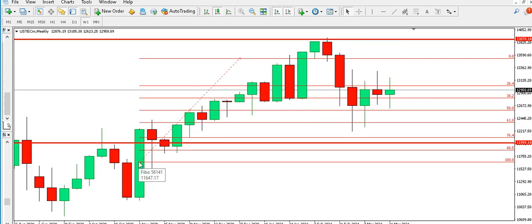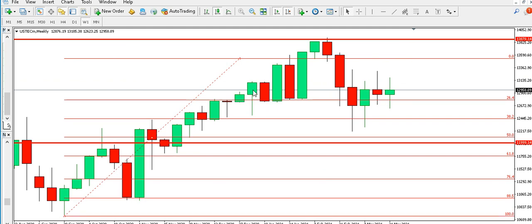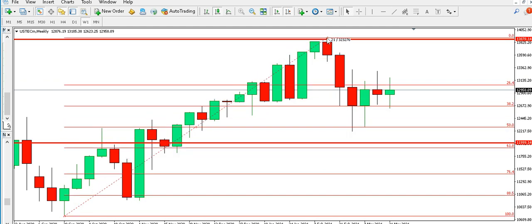On the weekly time frame, this is our low and this is the high. Price has retraced down to the 50% level, and it appears as if price is going back up to 0. Let me remove these two lines.